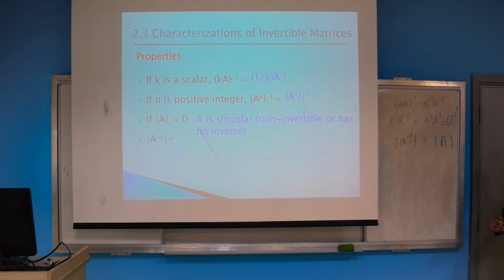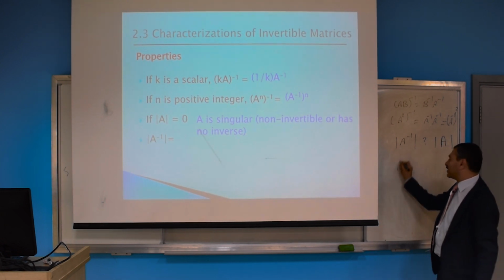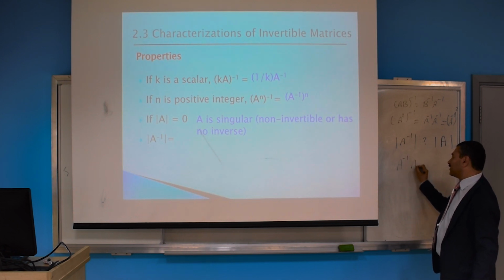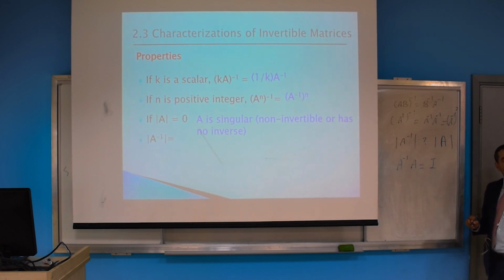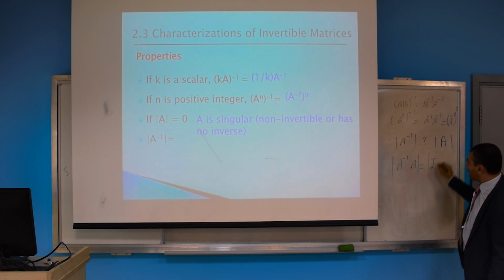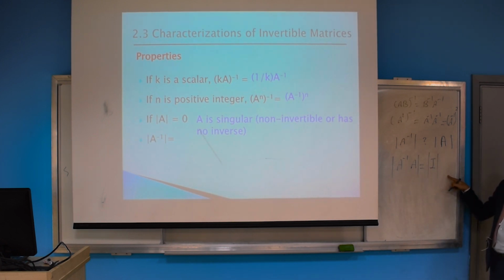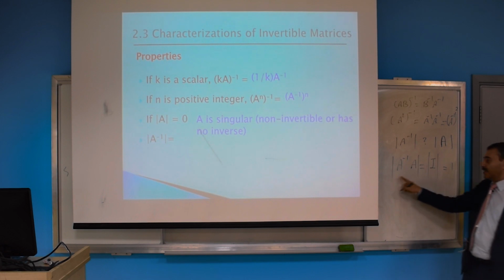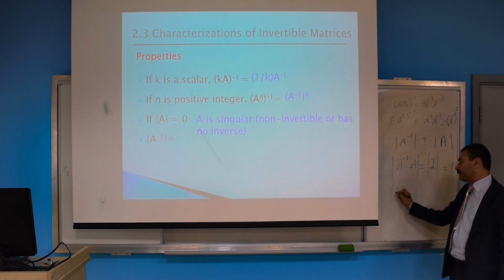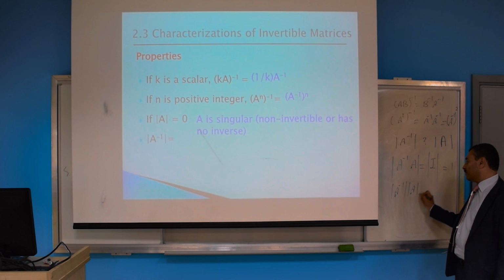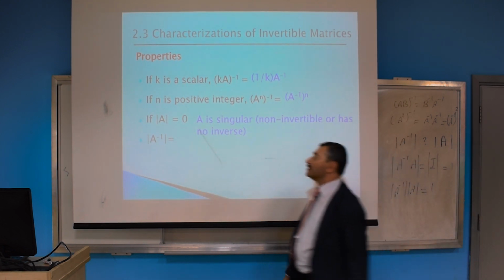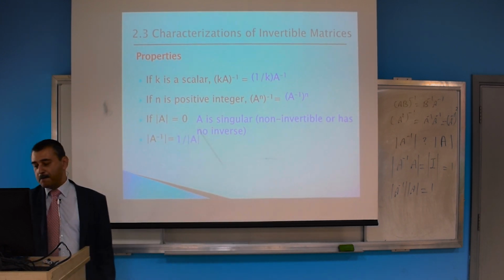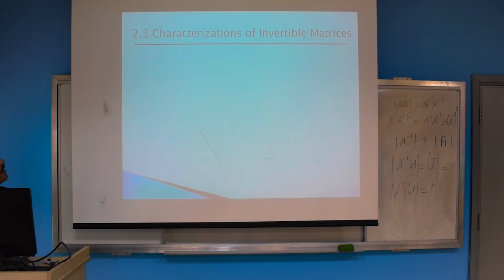One over. You can get it from this equation: inverse of A times A equals identity. If you take the determinant of both sides, this is 1 and this is the product of determinants. So the determinant of the inverse is 1 over the determinant of A.